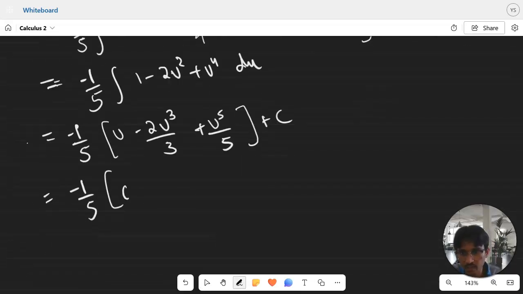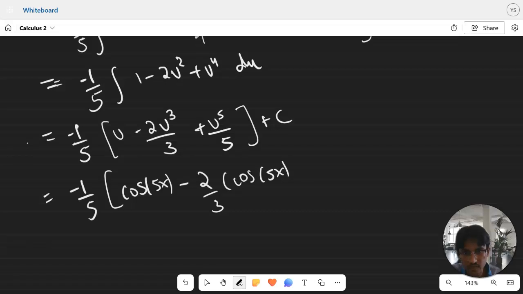We're going to sub in cosine of 5x, and then cosine of 5x cubed, plus cosine of 5x to the 5th over 5, and that is going to be plus c.